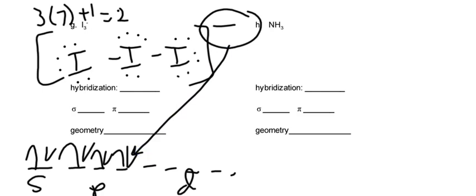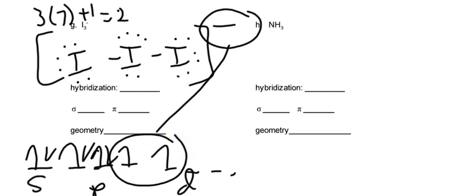I have no open spots for the other iodines. So that's what I'm going to promote. Promote this guy. All right. And then what? Let me erase what I had here. I'm going to promote, and I put it here. Okay, so now I have 2 open spots for my 2 iodines. Fantastic. sp3d1. Okay, and you can leave the 1 off the d if you want.